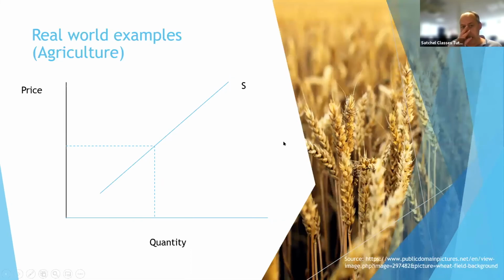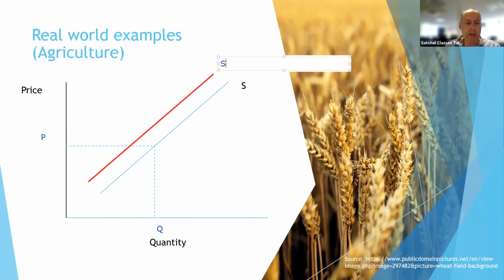So agriculture, again, if we've got farmers who are producing at a certain level, given a certain price, if we have a really bad summer, we might see supply shifting to the left. So really bad wet weather, harvests fail, and I heard on the radio this morning that the supply of champagne will be reduced this year because of the wet weather and the frost that they had in France this year.